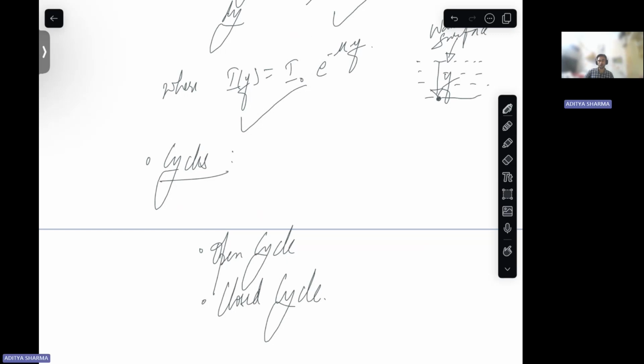What do they mean? So, closed cycle basically is when your working fluid keeps circulating in the cycle, the same working fluid. Sorry, that is closed cycle. And what is open cycle? Open cycle is the one where, if the fluid enters the cycle, the same working fluid won't be used in every cycle.